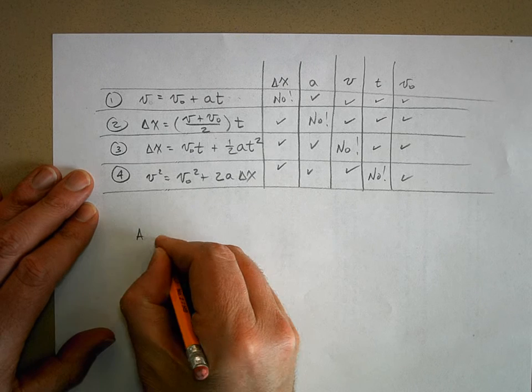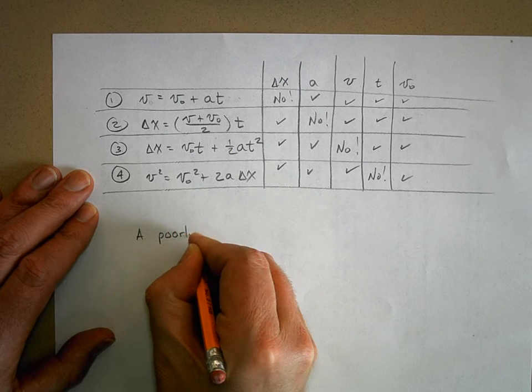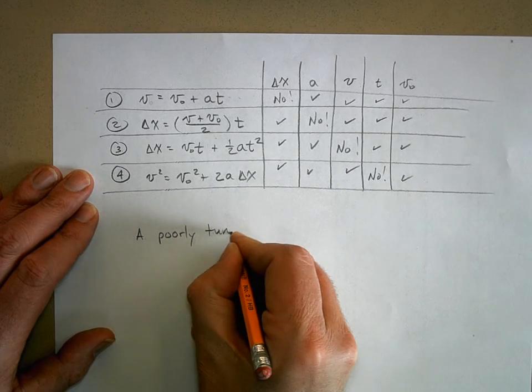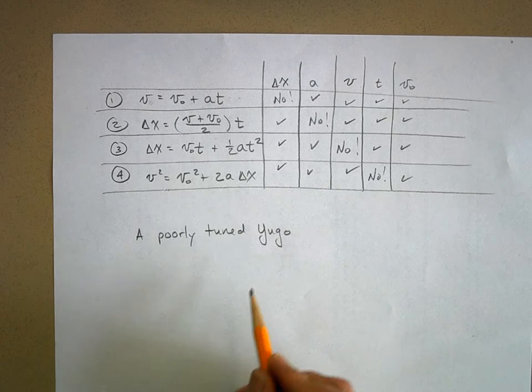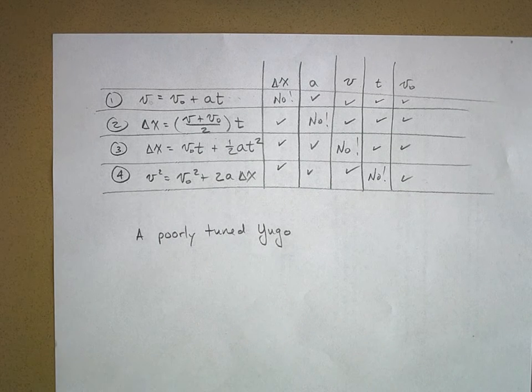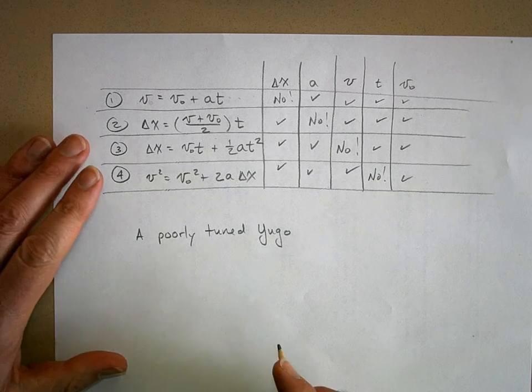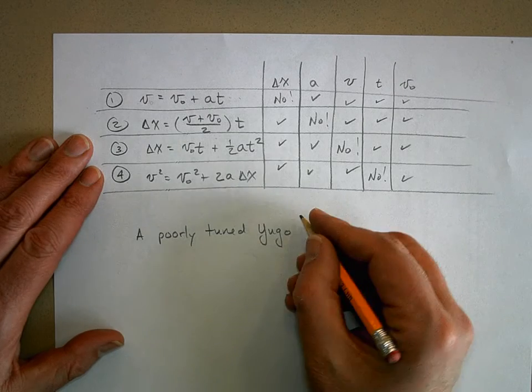A poorly tuned Yugo. Now, by the way, this is really old-fashioned. A Yugo was a car made in the 1970s in Yugoslavia. It was probably the worst car ever made, but they did sell it. But it was super cheap, so there you go.